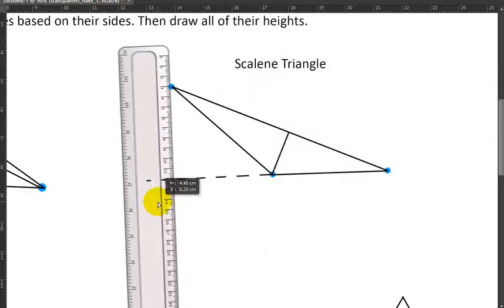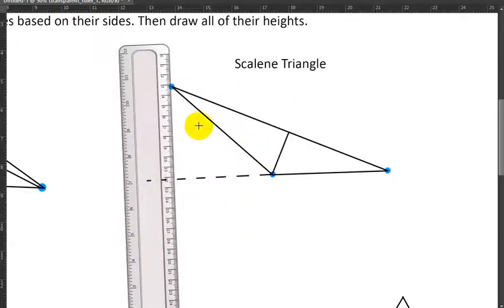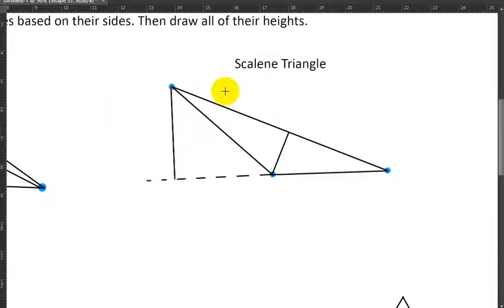And then we bring it to touch the blue point, and we draw this line from the point to the imaginary part. And that line right there, that is one of the heights of the triangle. This was one, this is another one.